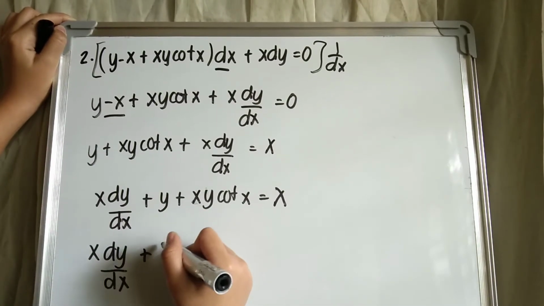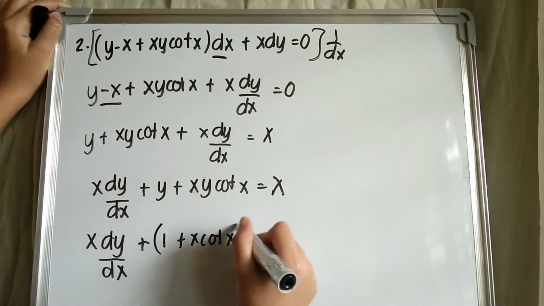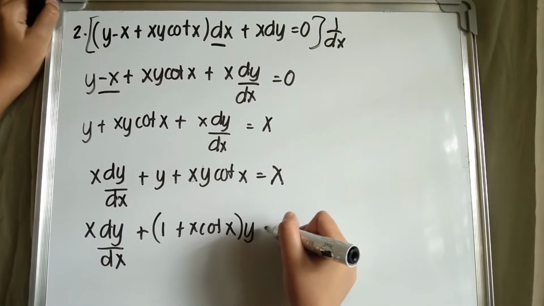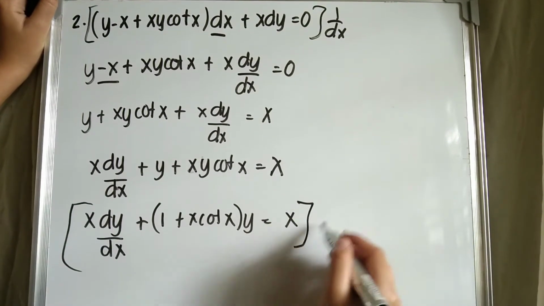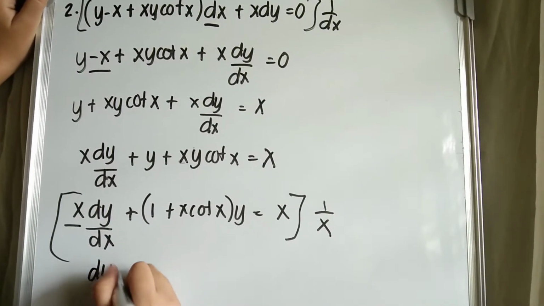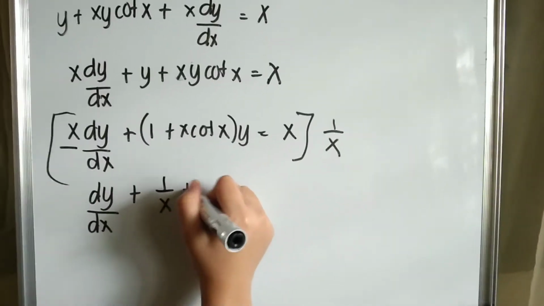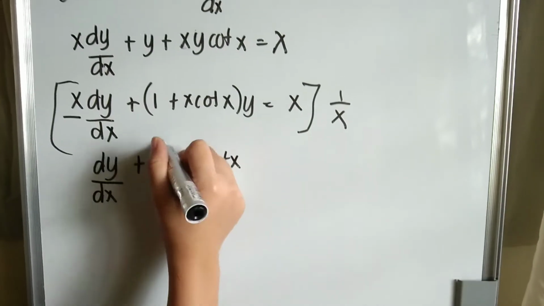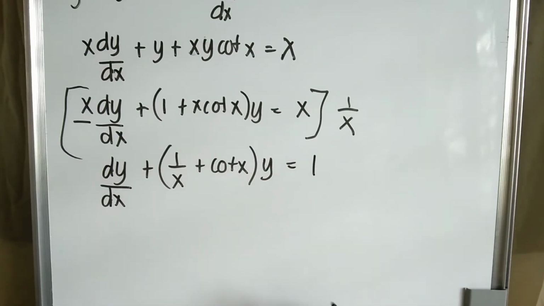This will become 1 plus x cot x is equal to x. And now we can divide both sides by x to eliminate x here. This will become dy over dx plus 1 over x plus cot x times y is equal to 1.